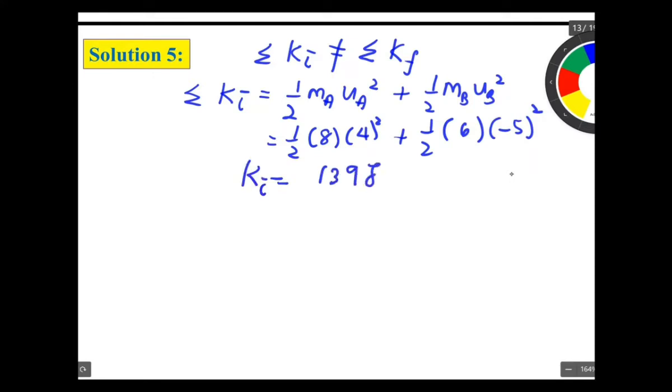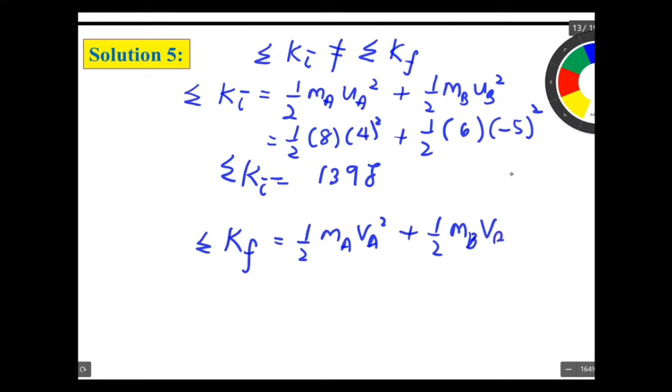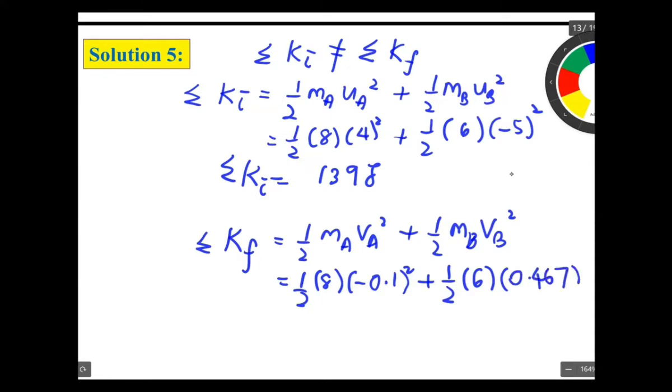Total kinetic energy final. Okay. Final total kinetic energy is equal to half MAVA square plus half MBVB square. So substitute the value, half 8 times negative 0.1 square plus half 6 times 0.467 square.